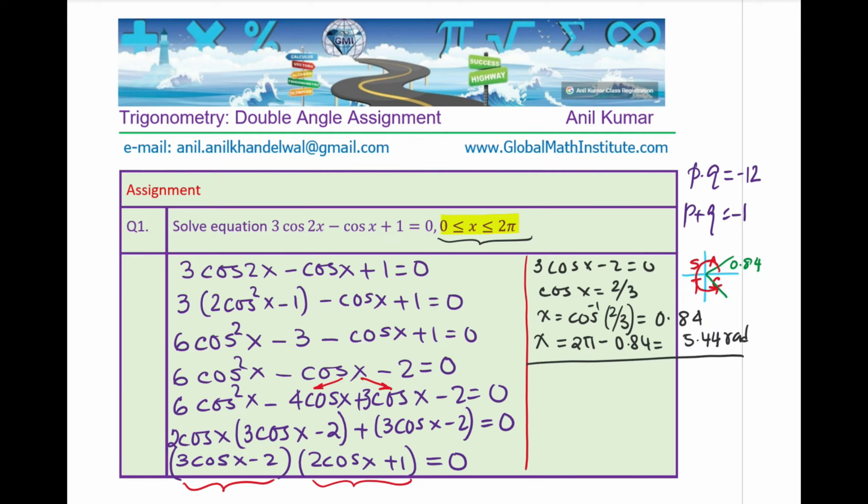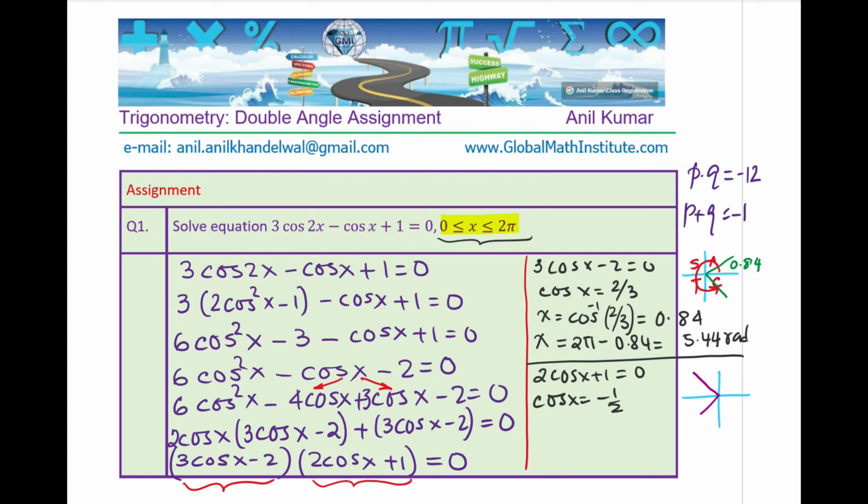The other factor is 2 cos x plus 1 equals 0. So we have cos x equals minus half. Now cos is minus half in quadrants 2 and 3. So this time we have our solution in quadrants 2 and 3, since we're looking for minus half.